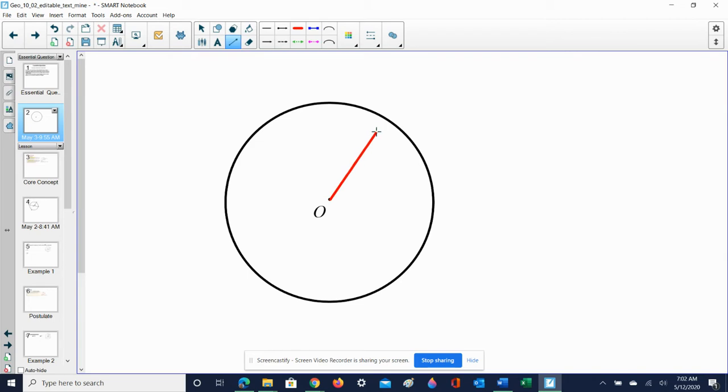So let me put that there. There's one radius. There's two radii. Right? So we got to name these points.